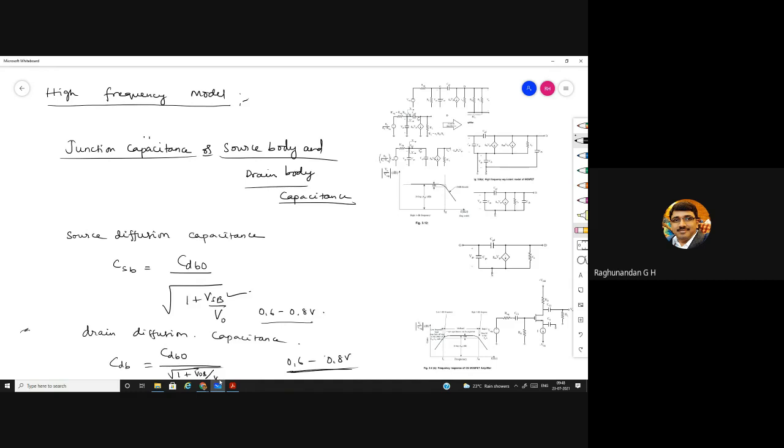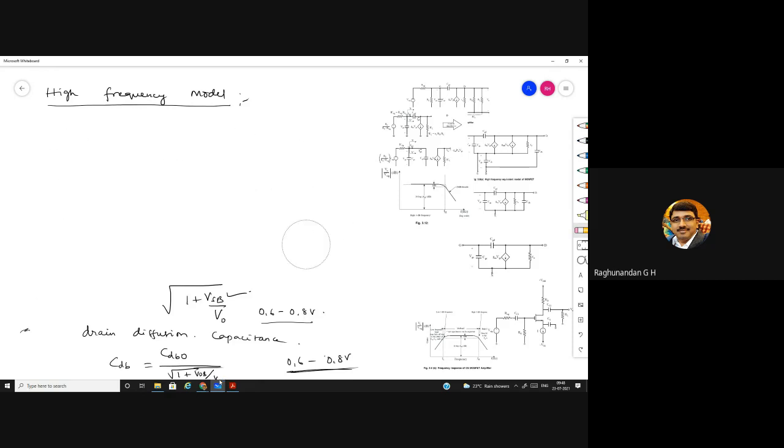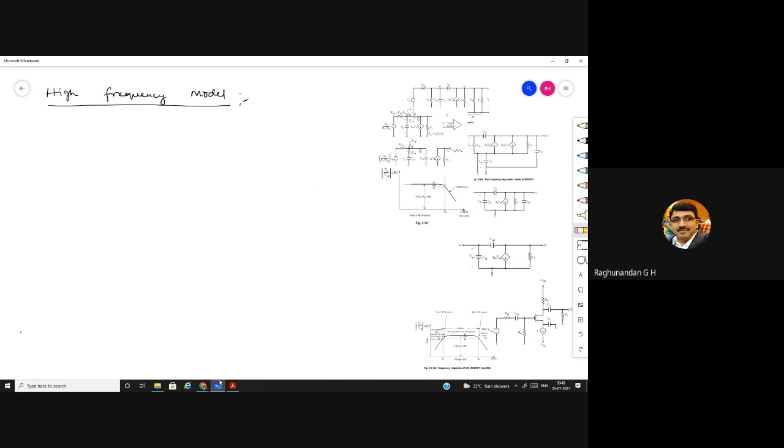And apart from this, we also should know what are the different conditions or the regions of operation of this MOSFET. So that we have already discussed in the electronic devices subject, where even in the basic electronics you have studied that. Whenever you consider MOSFET, there are three regions of operation. One is the ohmic region, saturation region, and the other one is the cutoff region.